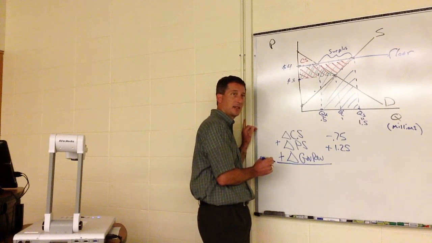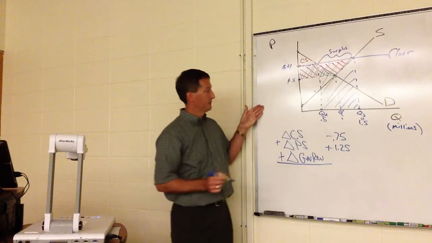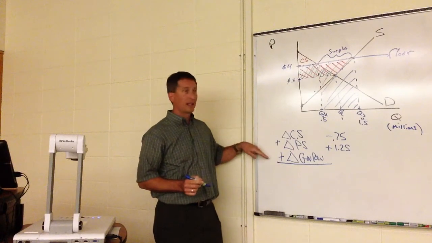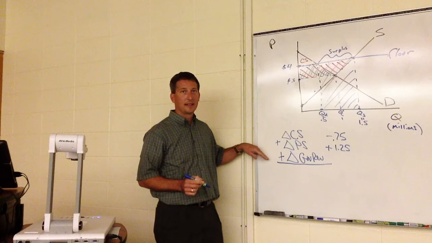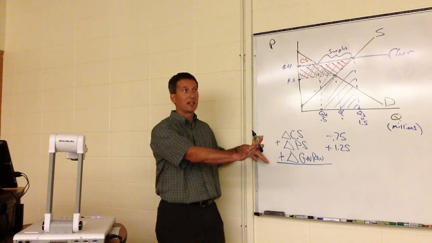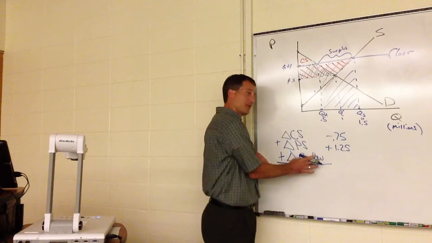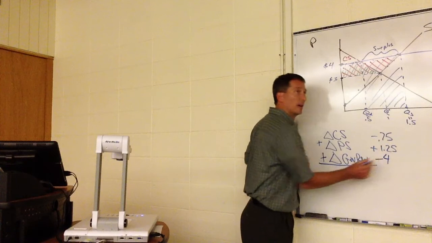Positive sign or negative sign? Is it revenue that they collected, like a tax? The government spent it. So it's expenditure. So it's negative revenue, minus 4.